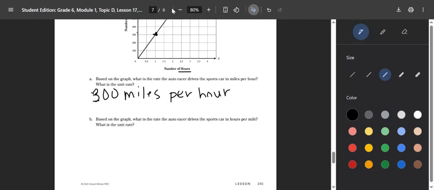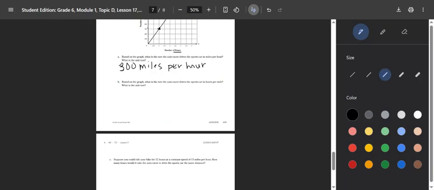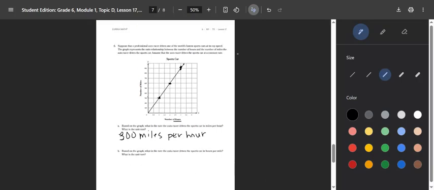Based on the graph, let me shrink this up so I can see the graph. What is the rate the auto racer drives the sports car in hours per mile? All right, so now I just have to go and say, well, in 1 hour, the race car driver drives 300 miles.